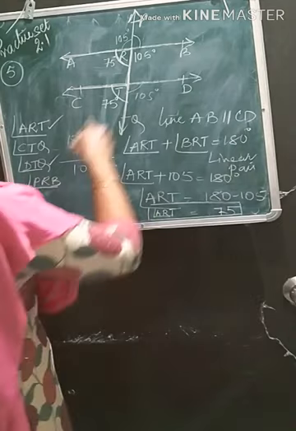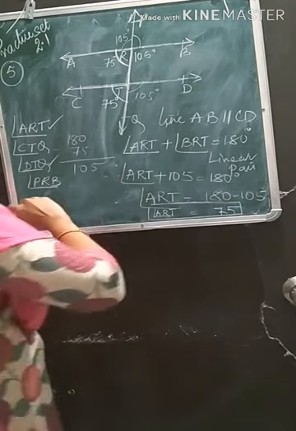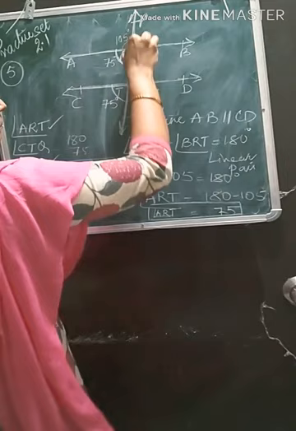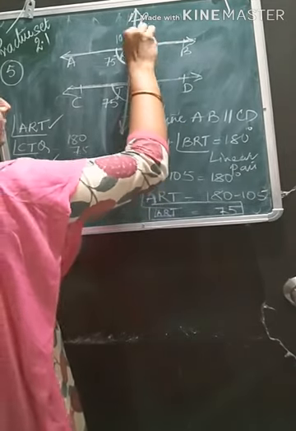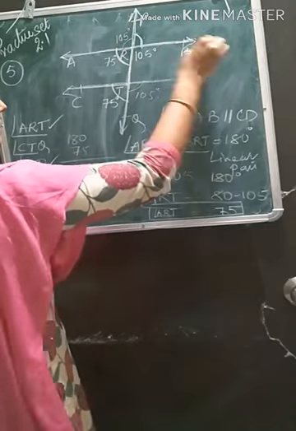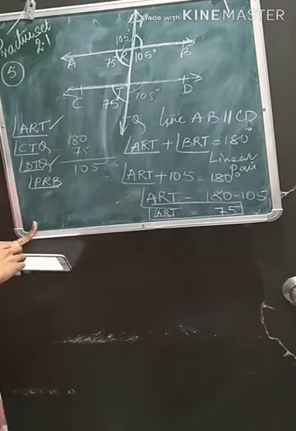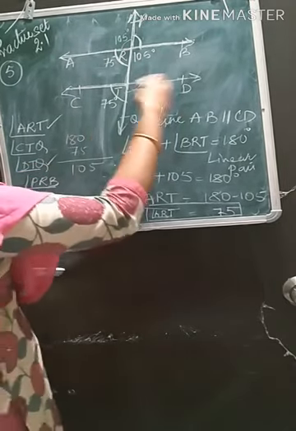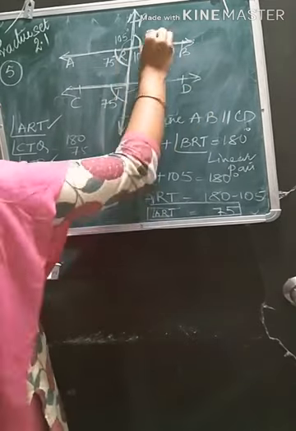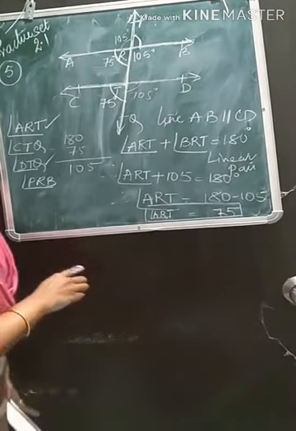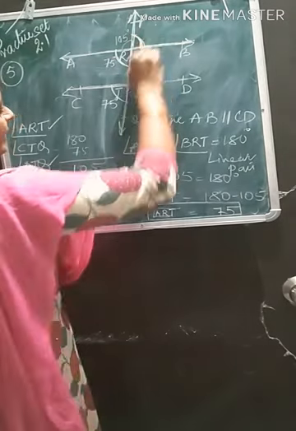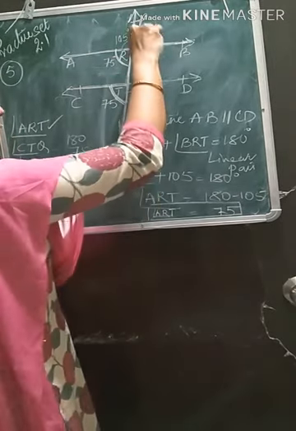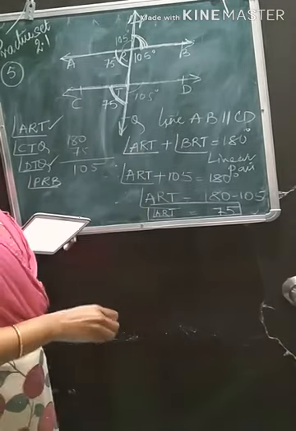Last is PRB. How will you get PRB? PRB is this angle. If this is 105, then PRB and BRT both form a linear pair. That way you can use it, or if you want, you can use the external alternate angles test. This angle and this angle are external alternate angles.